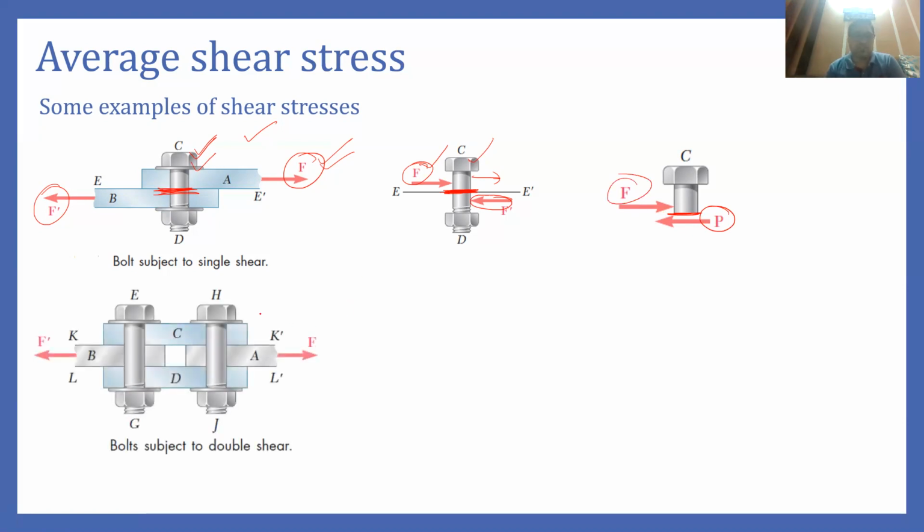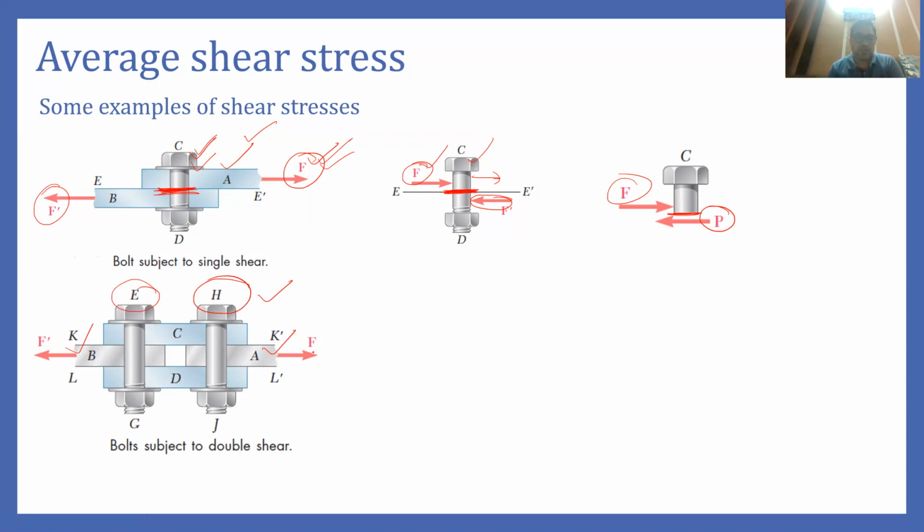Similarly, if we consider the second case, in this there are only two plates, and they are using the cross section of the bolt only once, because this force is using this cross section only once. But in this case, this joint will be termed as a double cover butt joint. So these are the two main plates which are to be joined, and they are joined using two bolts.